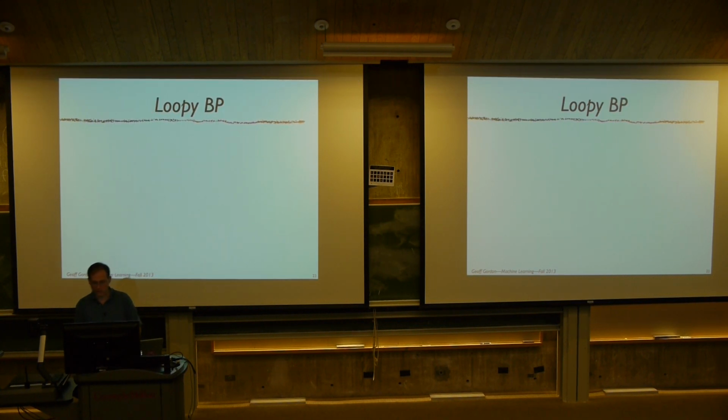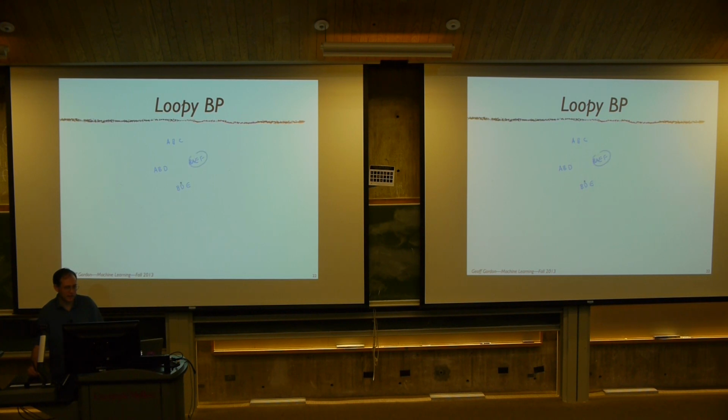I also wanted to mention this thing called loopy belief propagation, right? So suppose that we have a graph that sort of locally looks like a junction tree, right? So A, B, C, A, B, D, B, D, and E, and let's say B, A, and E and F, right?